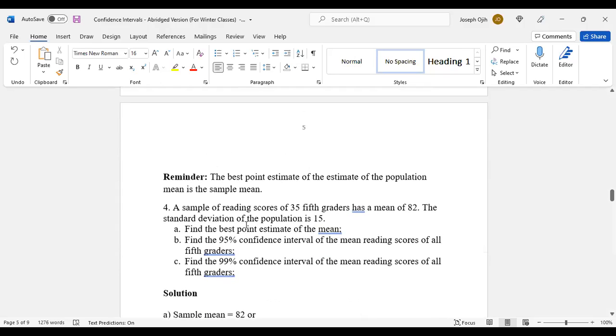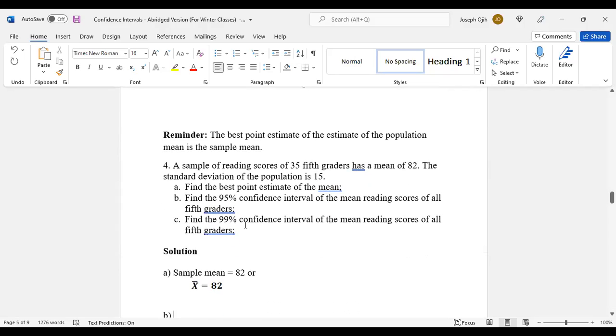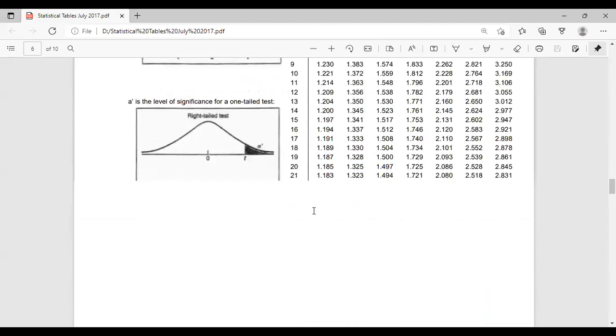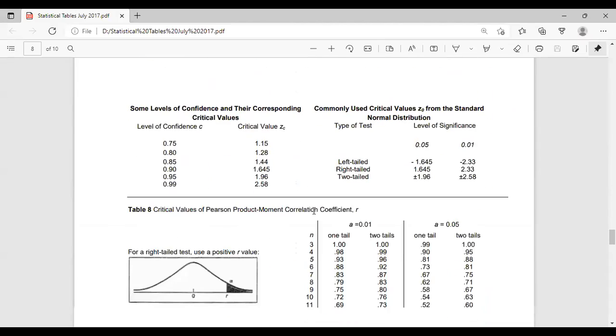If it's not given, you can just calculate it by yourself. You can also look it up in the table of the normal distribution that I showed you. For 95% it's 1.96.